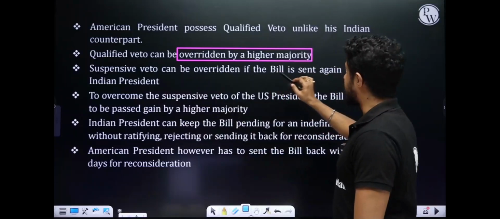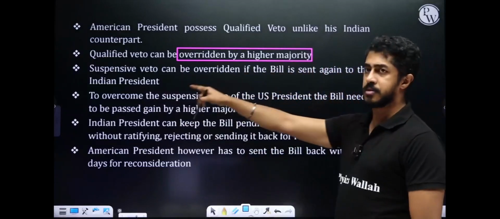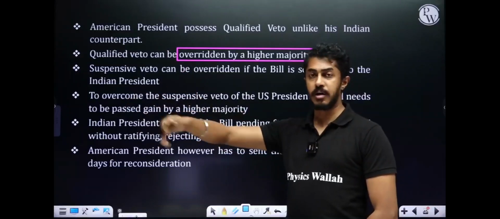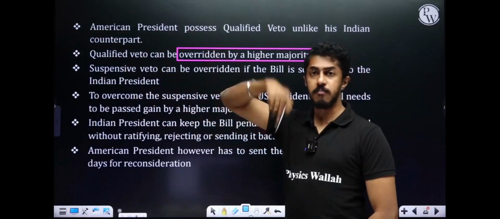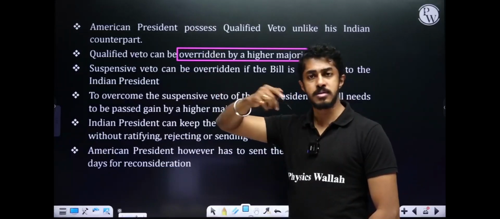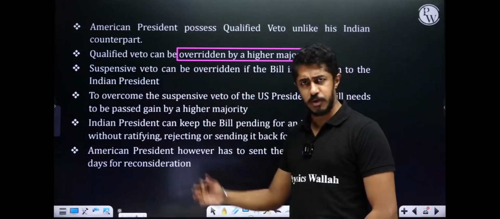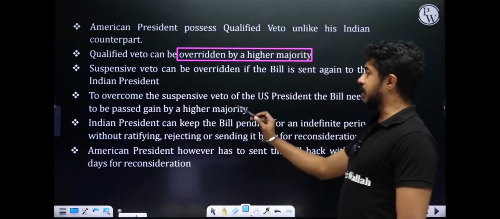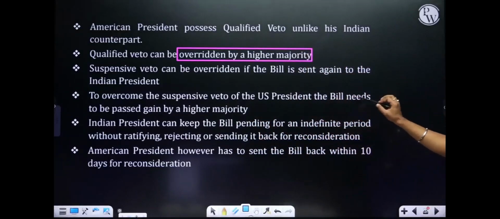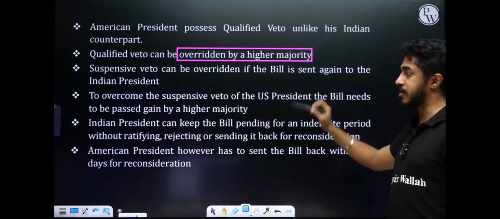Suspensive veto can be overridden if the bill is sent again to the Indian president. Once a bill is returned and it comes back again with or without amendments, the suspensive veto is overridden. To overcome the veto of the US president, the bill needs to be passed again by a higher majority.